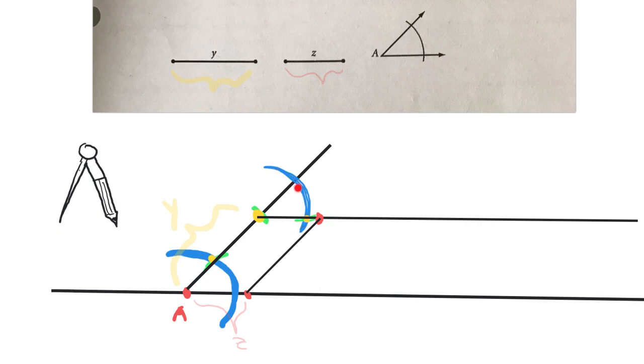We then drew this arc. We made sure the arc cuts through this part here, right? Then we gauge the distance between this part of the angle and this spot on the angle with our compass. We gauge this distance. We put the sharp part of the compass here, and we drew this green arc here. Now the place where the green arc intercepts the blue arc, that's our new point. And with that point, we connected these points with a parallel line.